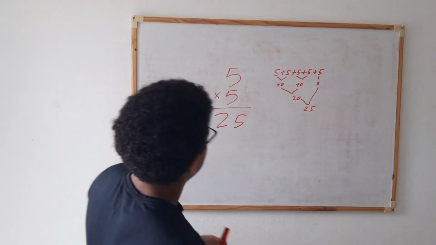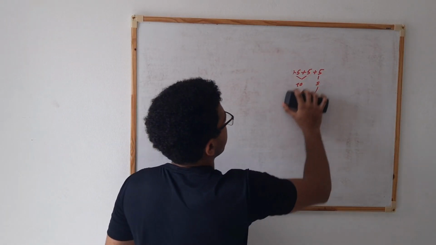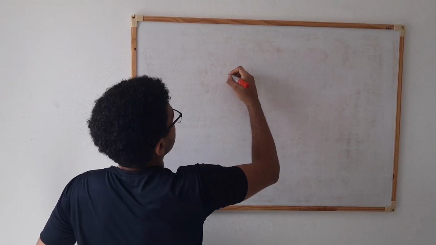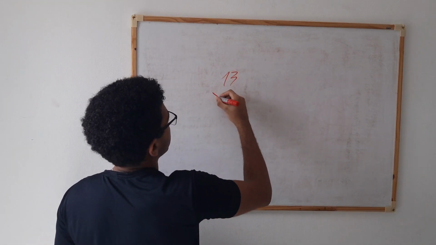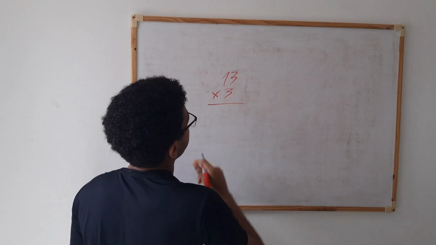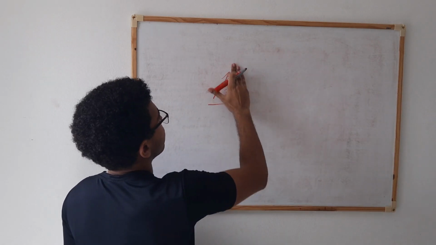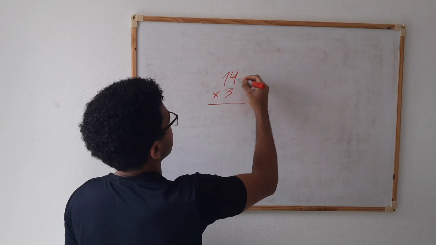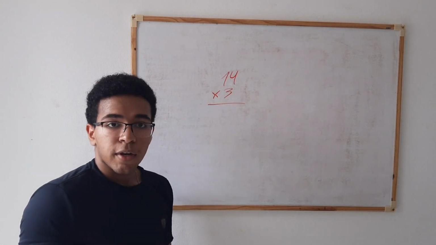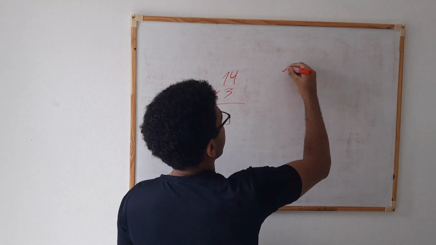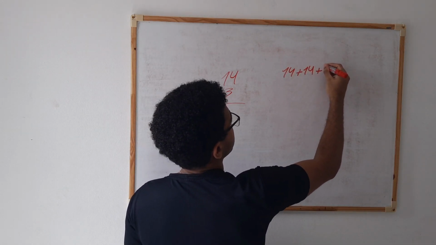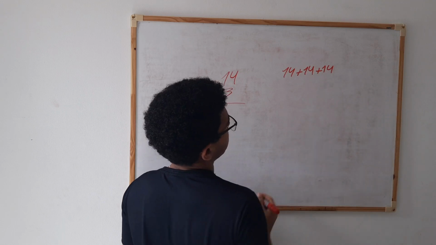And because I'm repeating the same number, this might look a little confusing, but we can have 13 times 3, okay? Let's say 14, just to make this a little more different. I have 14 times 3, which is the same thing as 14 plus 14 plus 14, right?